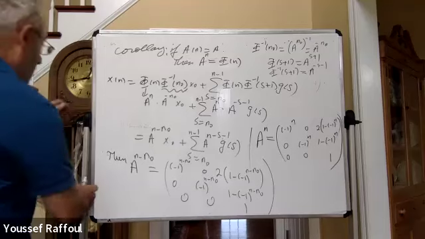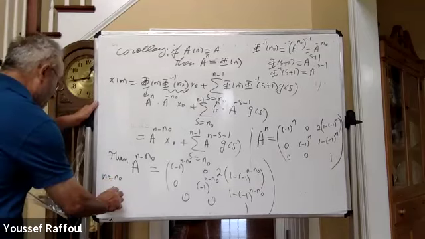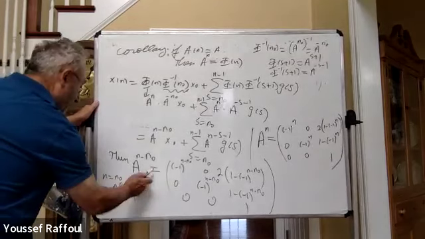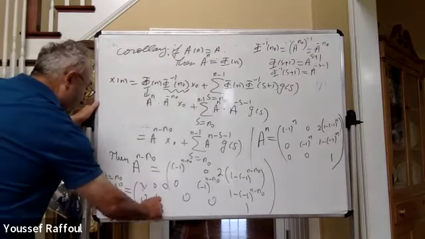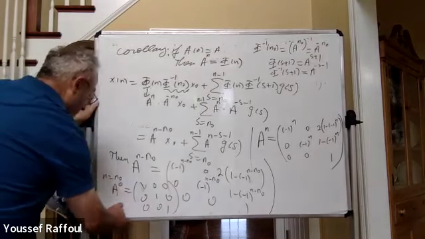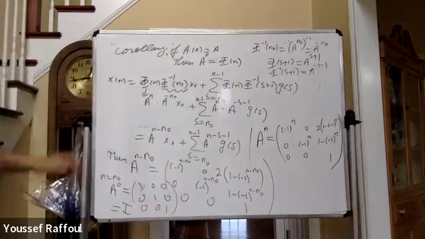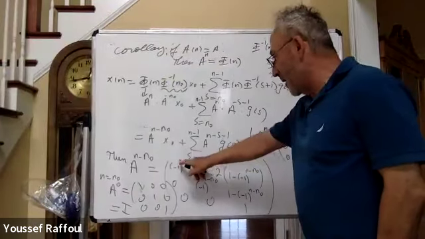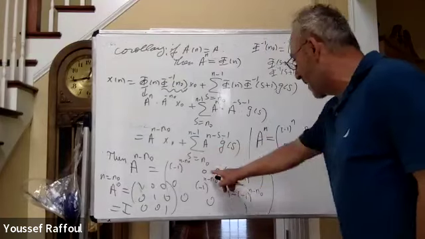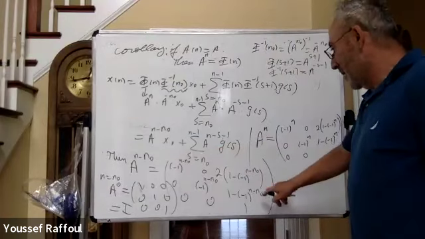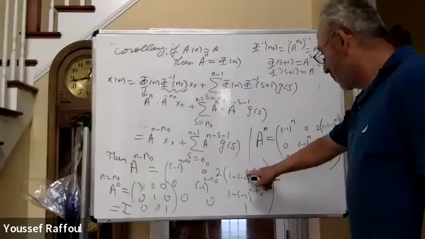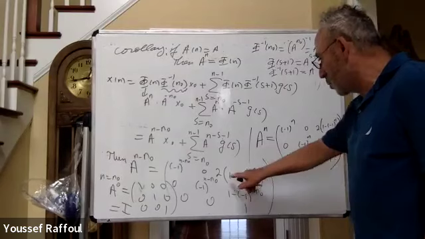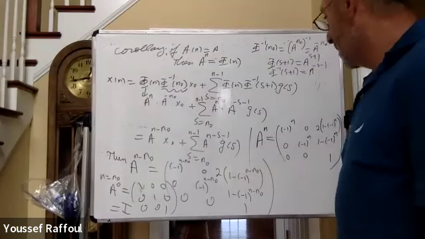And notice where n equals n0, A^0 is 1, 0, 0, 0, 1, 0, 0, 0, 1. That is I. Take a look at it. When n equals n0, (−1) to the power 0 is 1, and 1 minus 1 is 0.